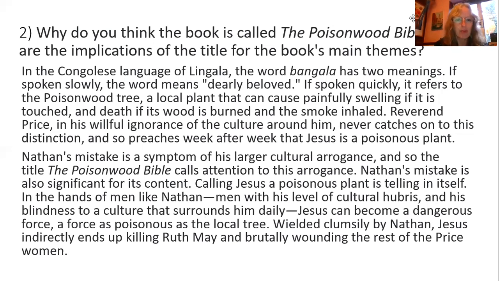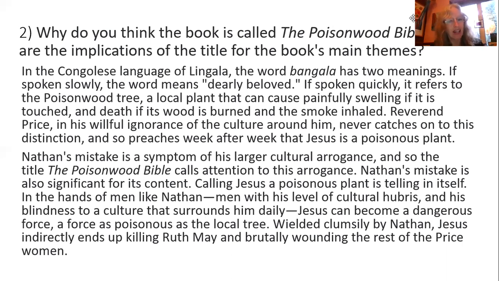Nathan's mistake is a symptom of his larger cultural arrogance. And so the title, The Poisonwood Bible, calls attention to this arrogance. Nathan's mistake is also significant for its content. Calling Jesus a poisonous plant is telling in itself.